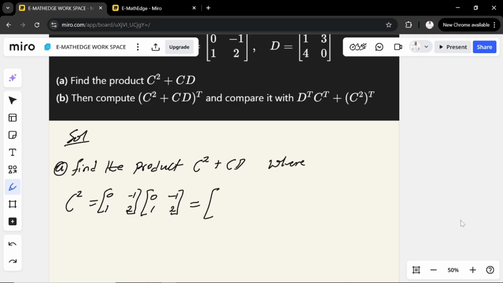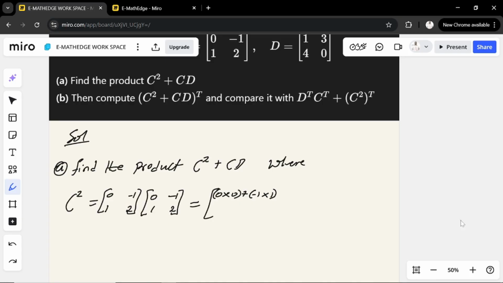So we are going to have 0 multiplying 0, plus -1 multiplying 1. That's for the element in the first row, first column. Now for the element in the first row, second column, we take the first row multiplying the second column.